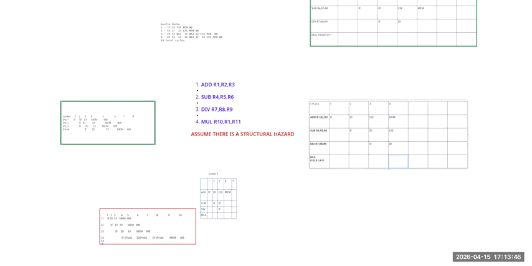That will be a stall. That is not allowed inside the pipeline because at the fourth cycle, both instructions are accessing the memory access unit.